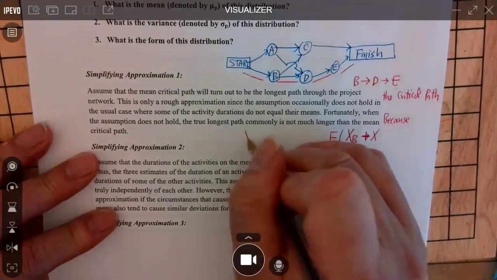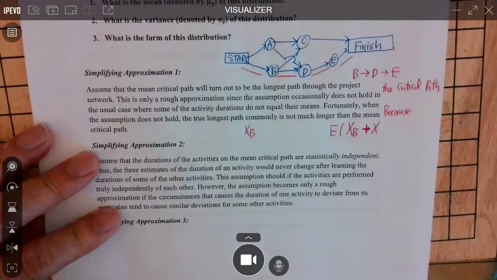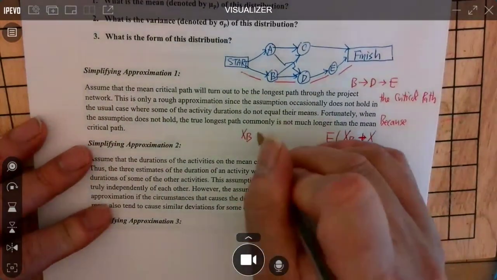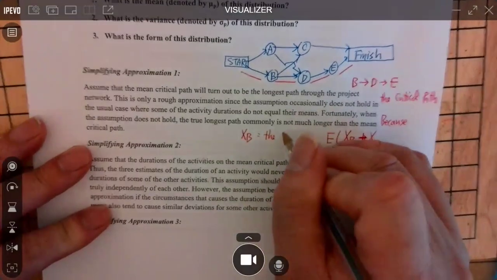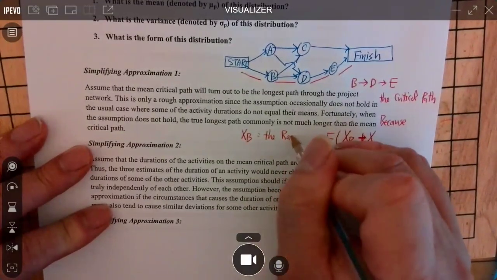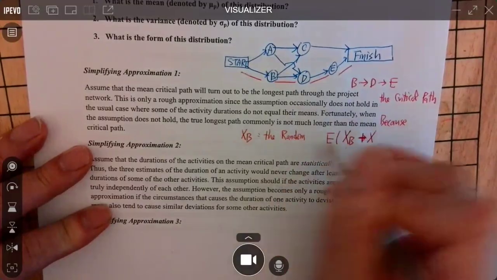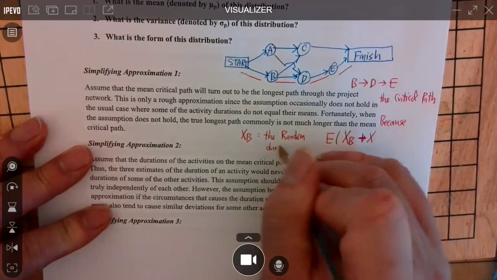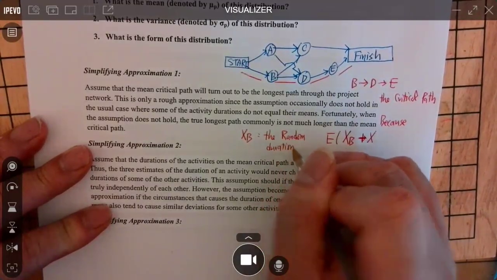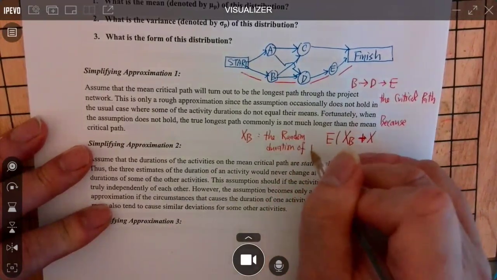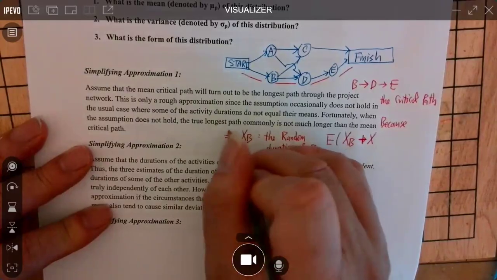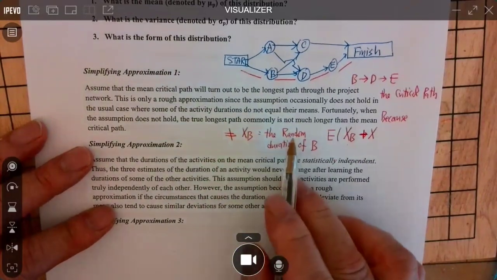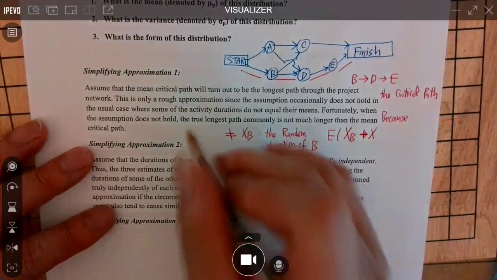What's xb? xb is a random variable. The random duration of what? Activity B. And this is the duration of, in the real life application, is a random variable.